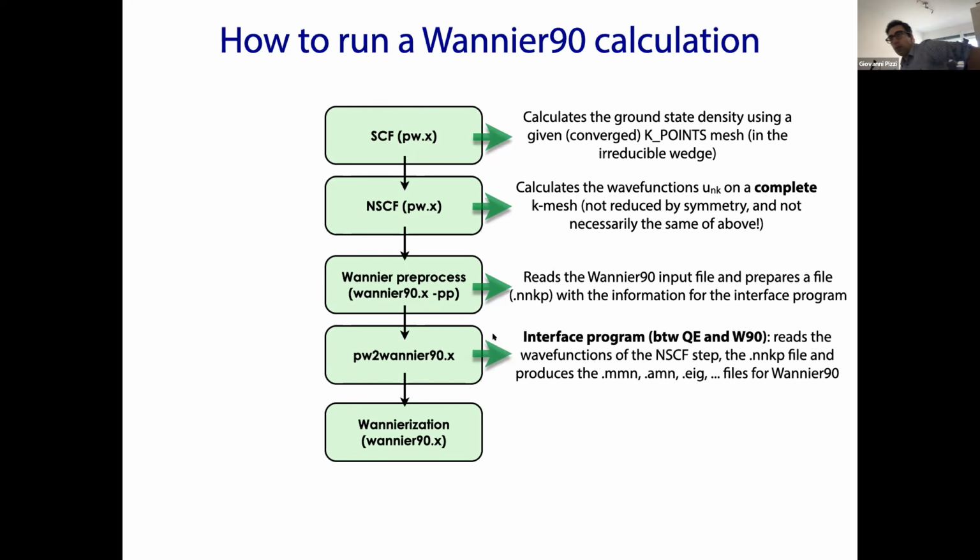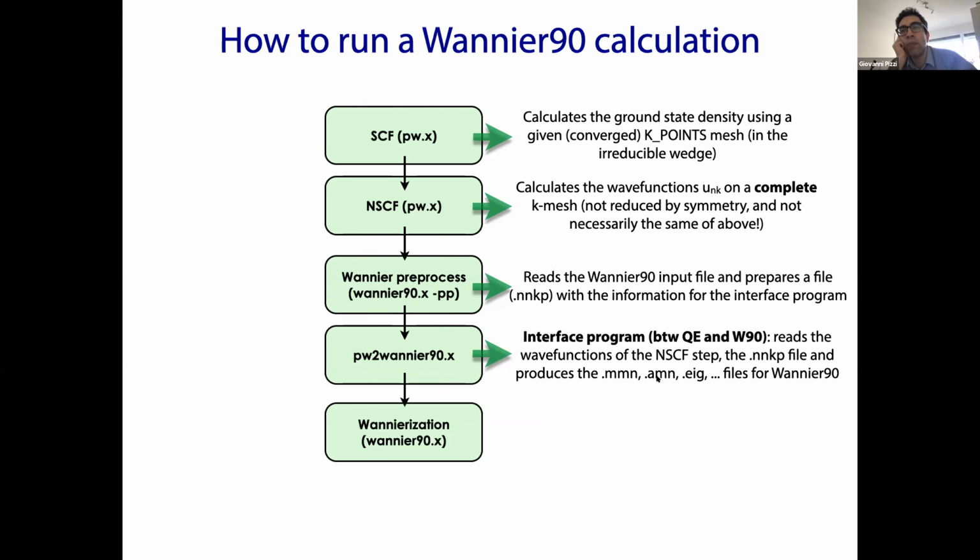And now, the last thing which has to be done before actually running Wannier90: every code has an interface code. In the case of Quantum Espresso, it's called pw2wannier90, but other codes do it in a different way. This is the interface program, which will read the wave functions you computed on a grid, and the information you put in the Wannier90 file, which essentially says which projections you want, which K points you use, etc. It will do the computation and produce all the files that Wannier90 needs.